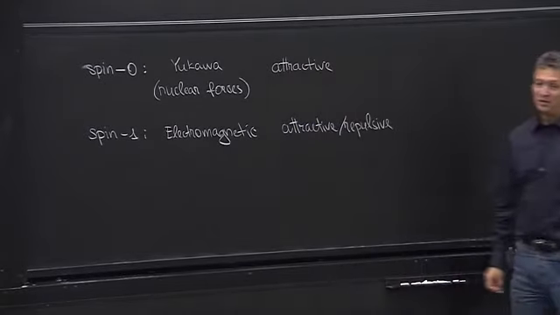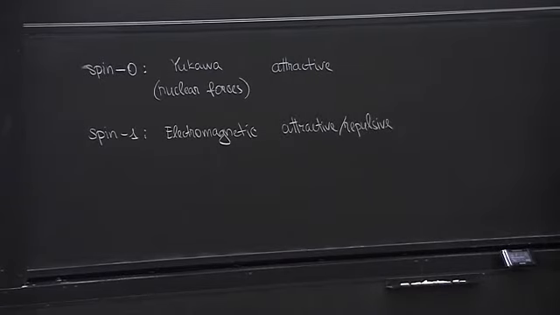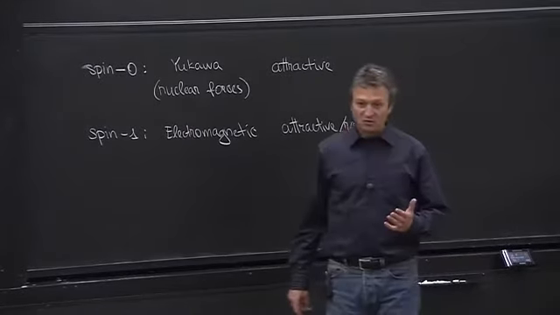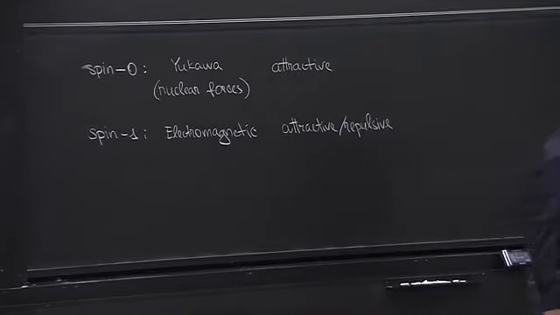Oh, by the way, one may wonder if this type of scalar interactions could actually be repulsive. Well, you can see that they couldn't, because if you change the sign of g, g squared will still be positive.